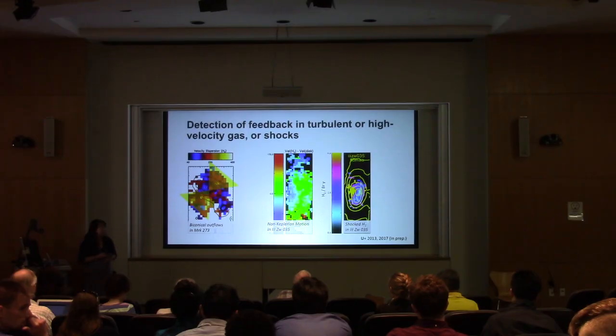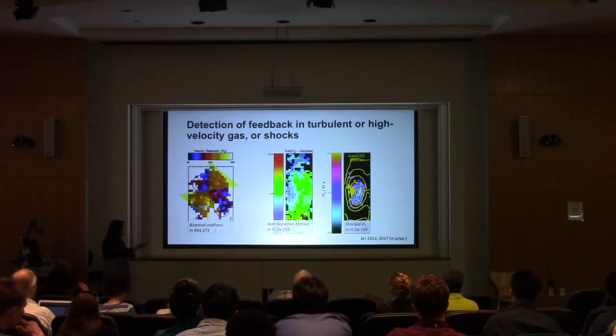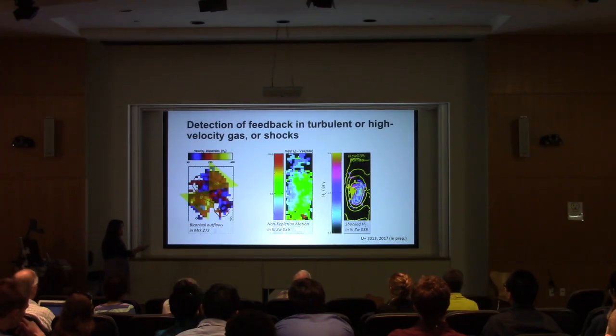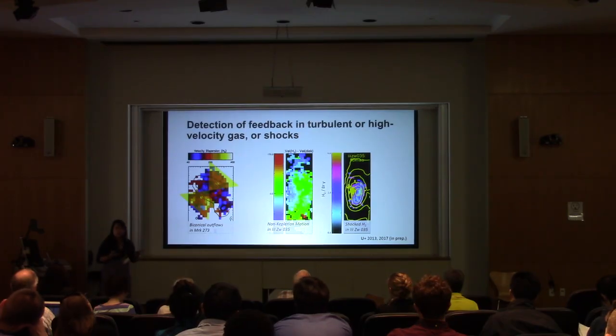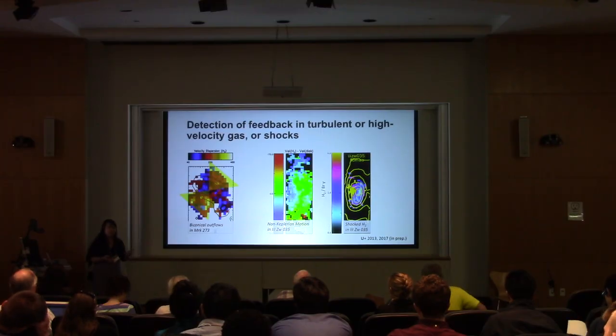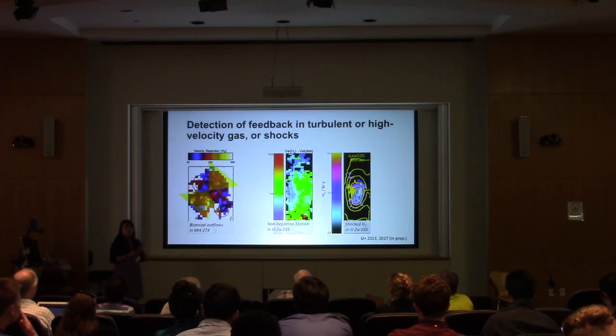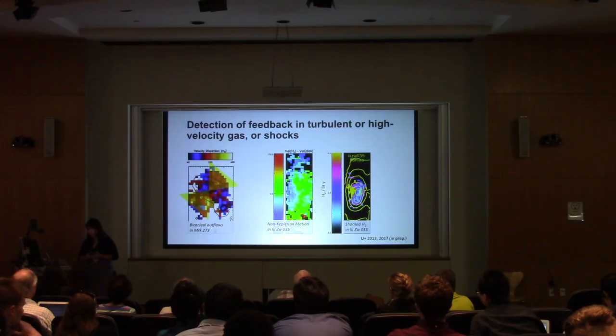We can also see some shocked molecular hydrogen in this same system, where the H2 over Brackett gamma ratio tells us where the shocked molecular hydrogen is. With this method, in our 20-some objects so far, we've detected maybe 4 really good cases of shocked outflows coming out of the center, and maybe a few more good candidates that we're going to do more follow-up observations on.